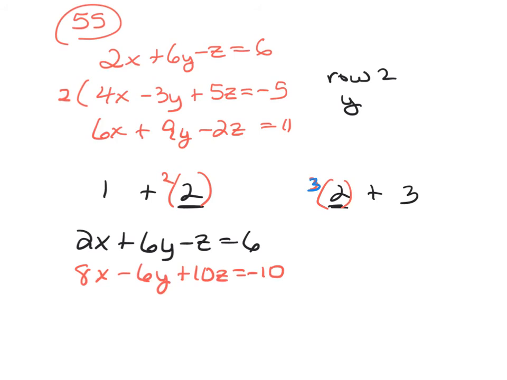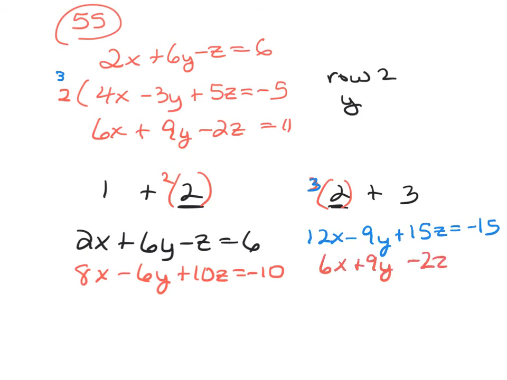And again, I'm multiplying my pivot row by 3. So let me go ahead and do that. My pivot row becomes 12x minus 9y plus 15z equals negative 15. Let me write row 3 below it. Now I can add them.